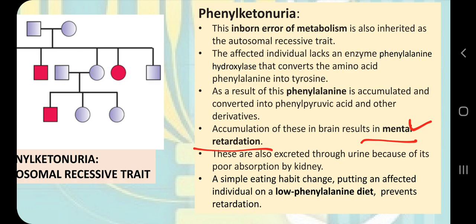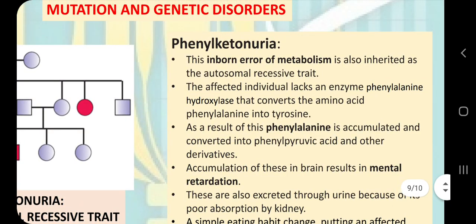So if somebody is diagnosed with phenylketonuria, they can avoid the consequence of phenylketonuria by changing the eating habits and having a low phenylalanine diet, because if there is no phenylalanine, even if there is no enzyme phenylalanine hydroxylase for converting it, there will be no issue, because there is no phenylalanine to convert into other molecules.